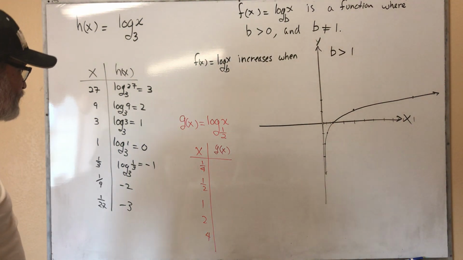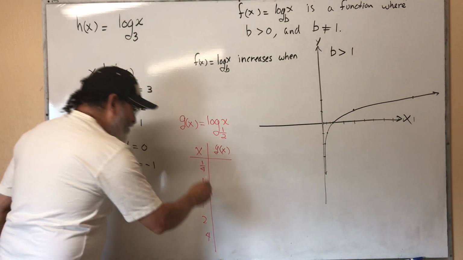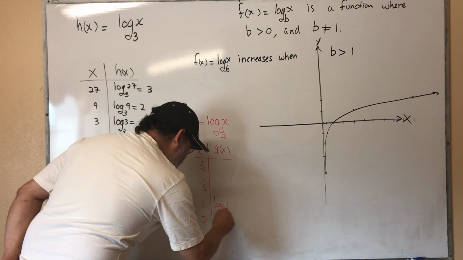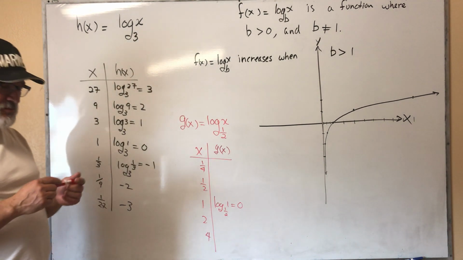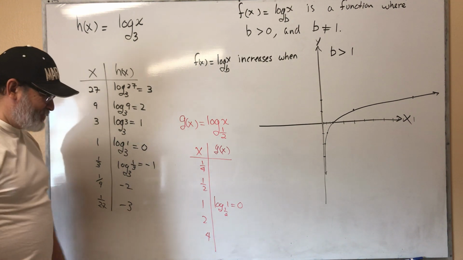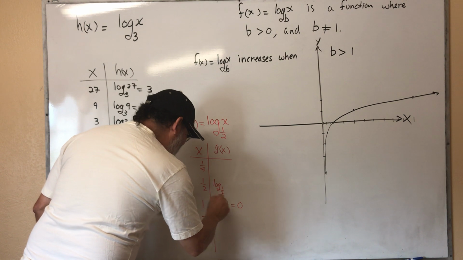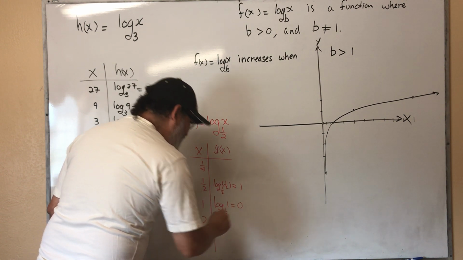Smart values. Why? Because look, now we can say, what is log base half of 1? Hey, that's 0. What is log base half of half? Hey, that's 1.